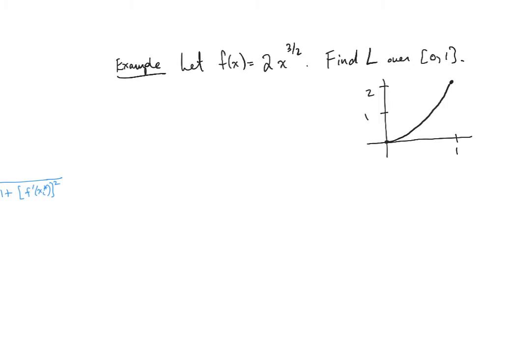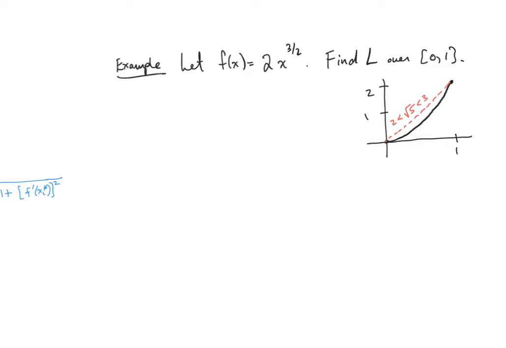Okay, so I can tell you approximately what it is, right? For example, if I just drew a line segment here, I know that the length of that line segment is the square root of 1 squared plus 2 squared by the Pythagorean theorem, right? Which is the square root of 5, which is a little bit over 2, between 2 and 3.